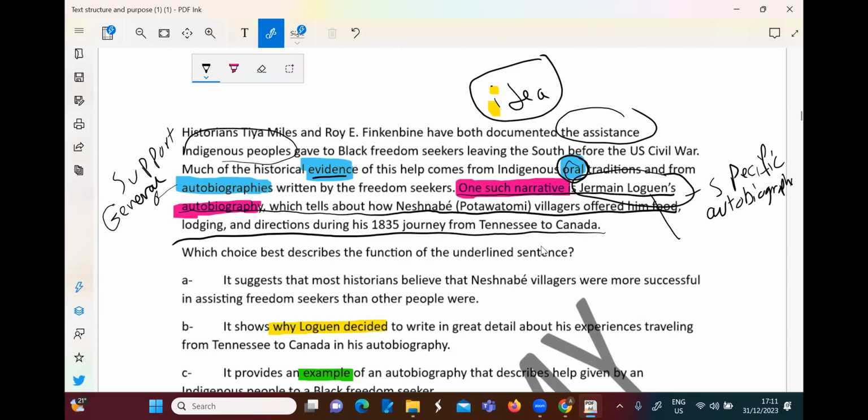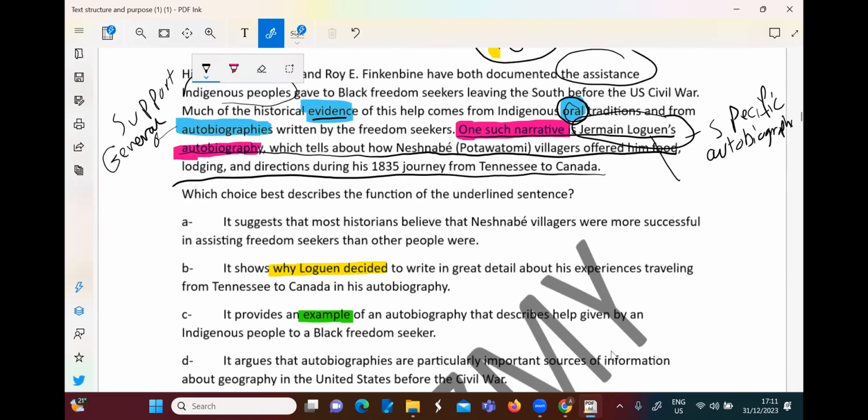So giving something specific is an example of the autobiography. Very good. So it's not a why. One narrative, "one" here, equals an example of an autobiography.